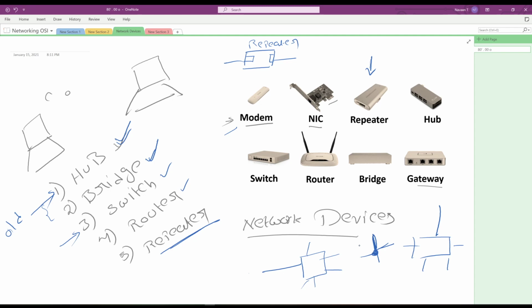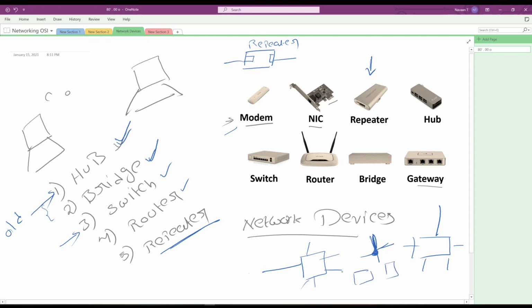A few years back we used to use cable TV, right? Let's say there was no set-top box, and you wanted to use that cable for multiple TVs. What would you do?